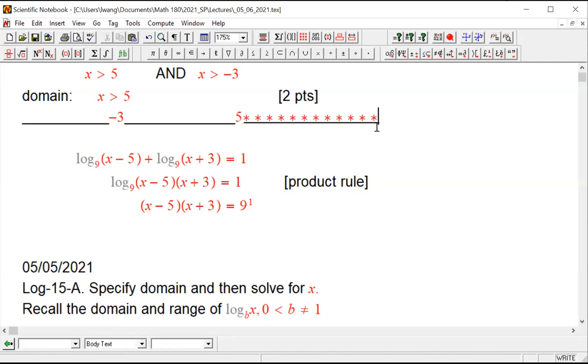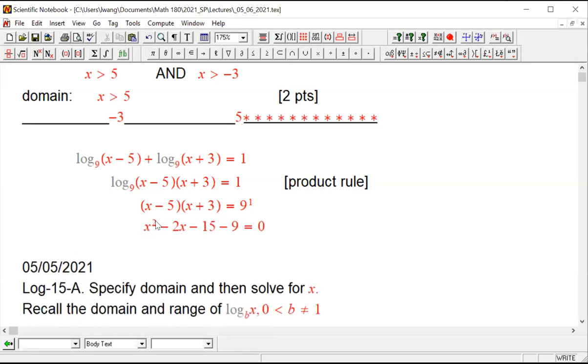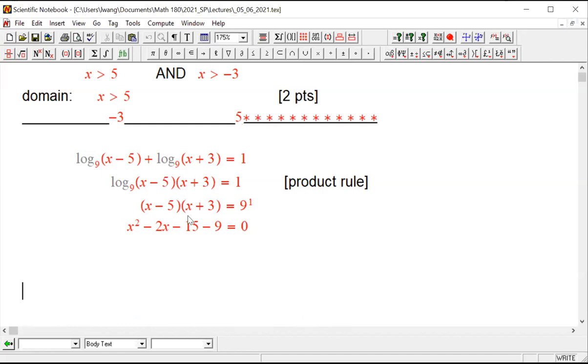It's a quadratic equation. You can solve it any way you wish, but you will have to make it x squared minus 2x minus 15 minus 9 equals 0. Make it 0. And then what?